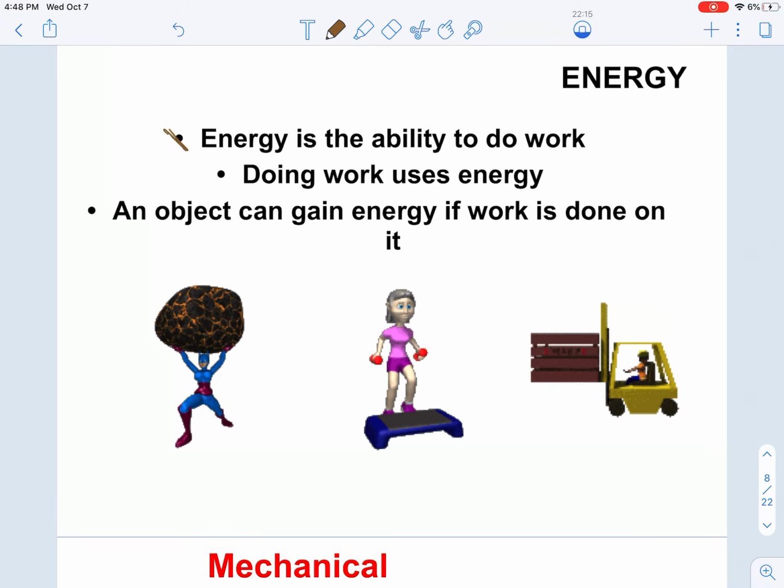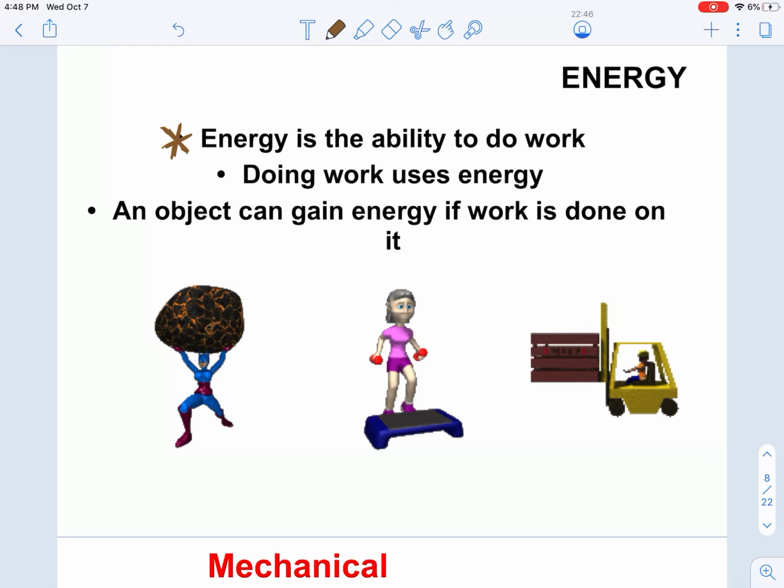Energy is the ability to do work. I have the ability to perform work because of my energy. So here you have some examples of some physical work being done. The woman is lifting some sort of mass. Here in the second picture, the woman is performing physical work to lift herself up onto the step.